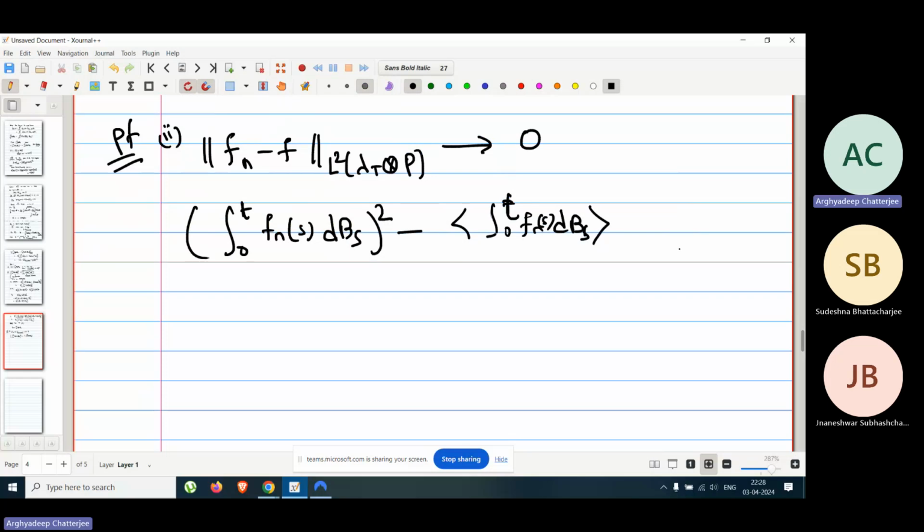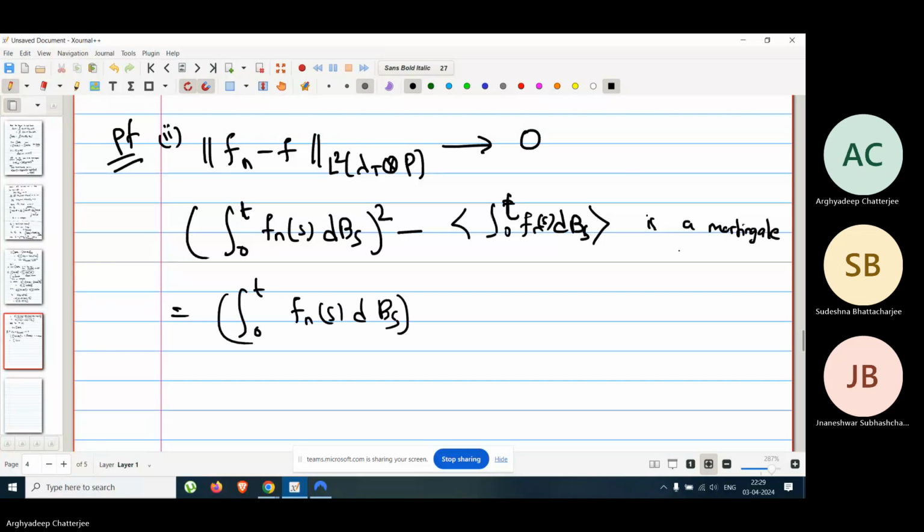So this is a martingale for each fixed n, and this can be written as the integral from 0 to t of f_n dB_s, squared, minus the integral from 0 to t of f_n squared ds.